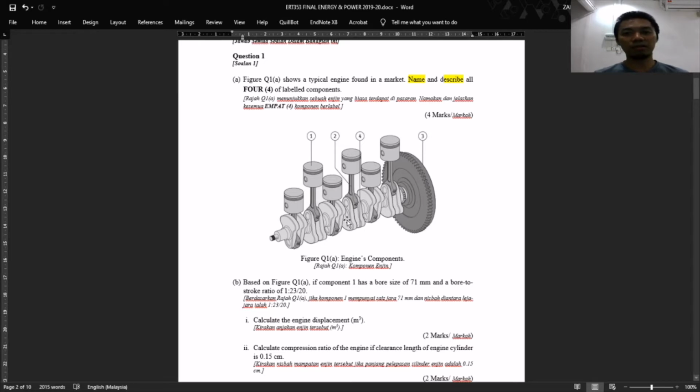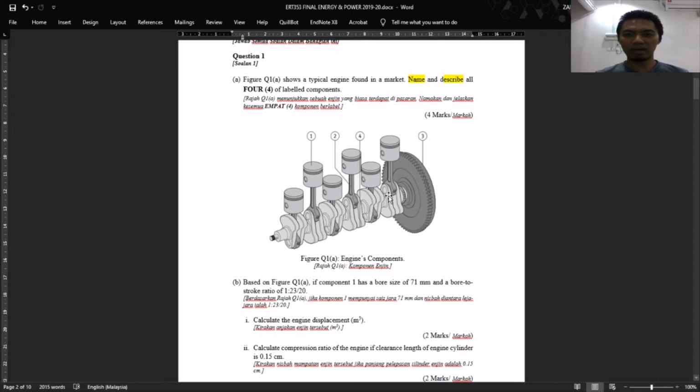Okay, this is easy. If you got all those names correct, you got 2 marks. To get full marks, you have to describe a little bit about the component. For example, piston, number 1, you need to describe what the component is actually doing in the engine. Same goes with the connecting rod, the flywheel, and the crankshaft.